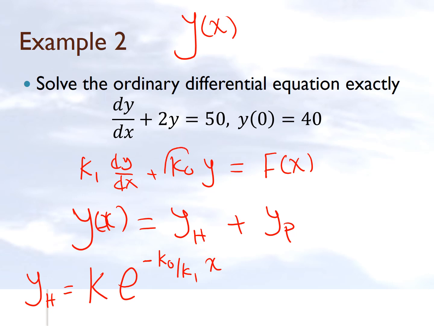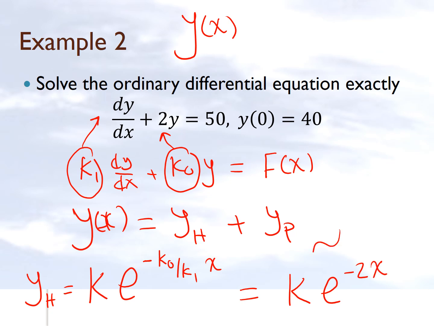By comparison, you can see that k0 is equal to 2 and k1 is equal to 1. So the homogeneous solution is equal to k e^(-2x). Again, k is a constant and we are going to solve for it using the initial condition later, after we solve for the particular solution.